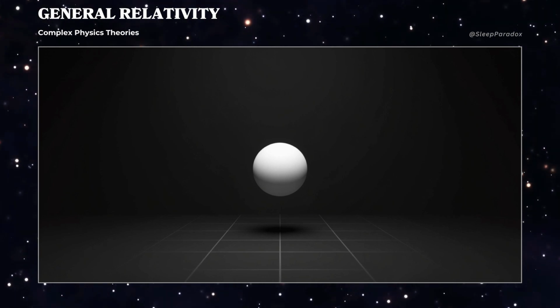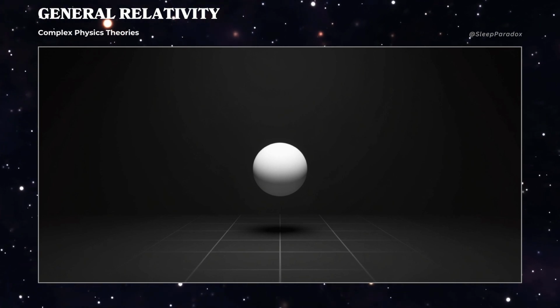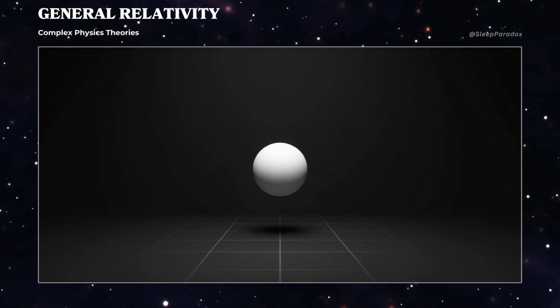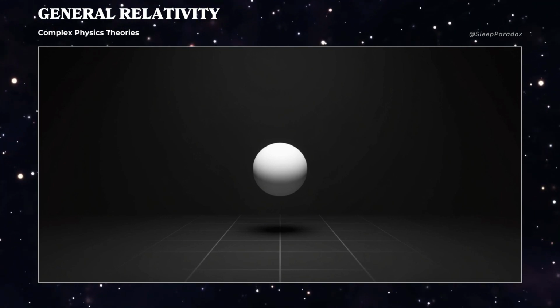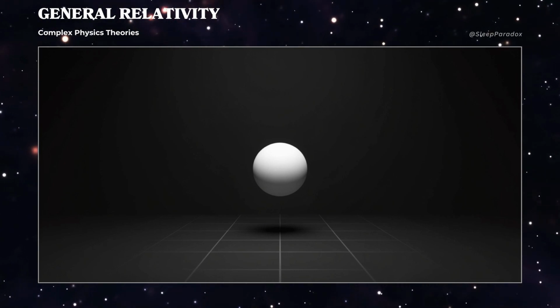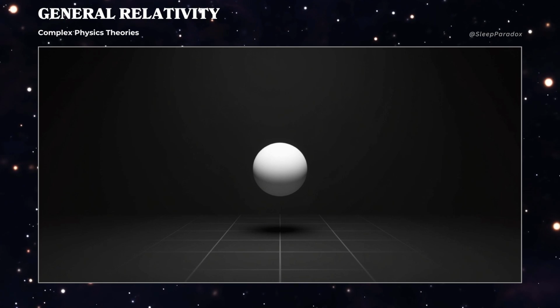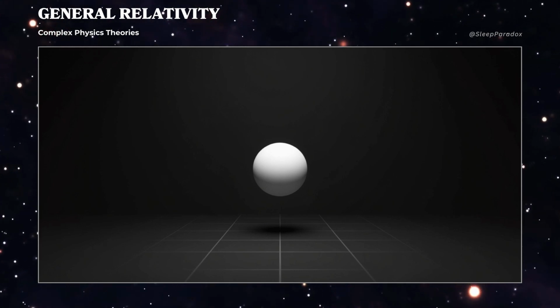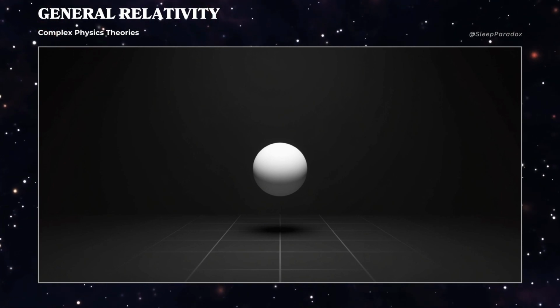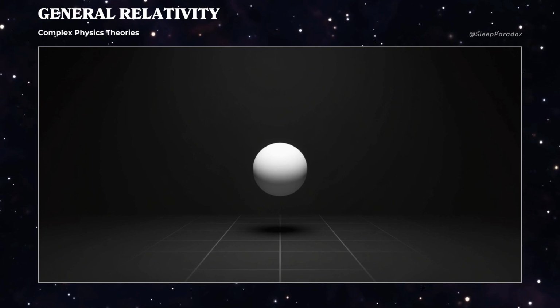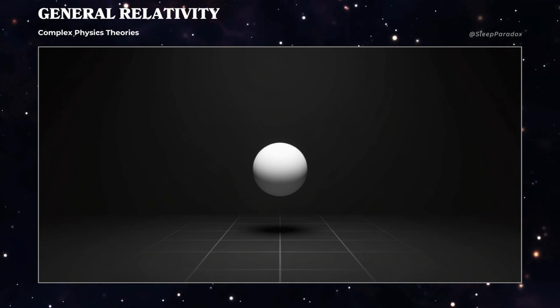General relativity also predicted the existence of black holes, regions of space where the curvature becomes so extreme that not even light can escape. The idea sounded speculative at first, but black holes have since been detected through their effects on nearby matter and through gravitational waves emitted when they collide.